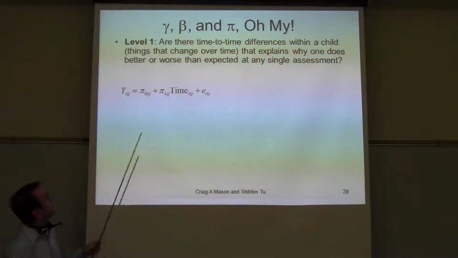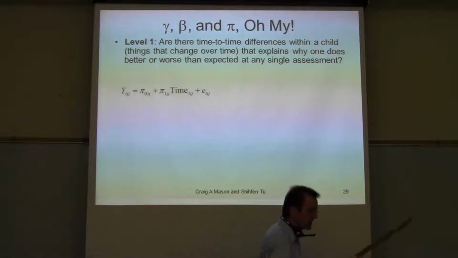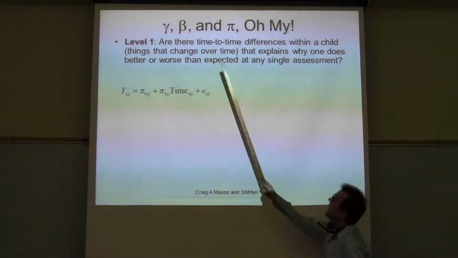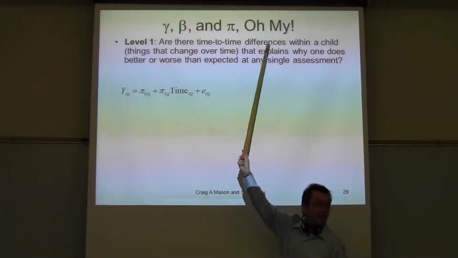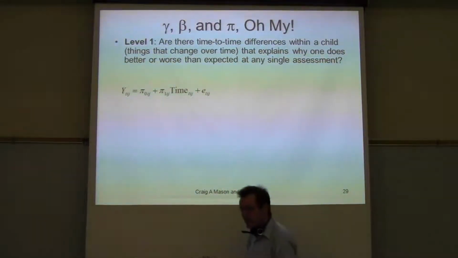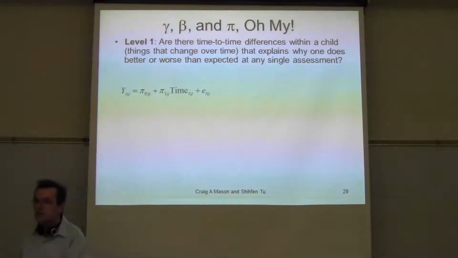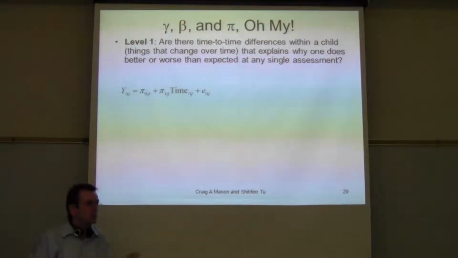So we're going to be talking about, we've talked about betas so far, but now it gets a little crazier. We're going to have gammas, betas, and pi's. Oh my. What we're going to see is that these are different Greek letters in the alphabet, but they're all serving the same function.